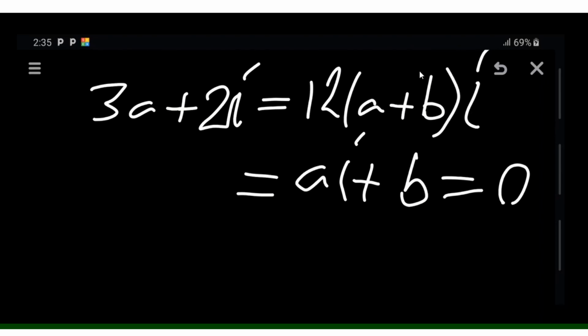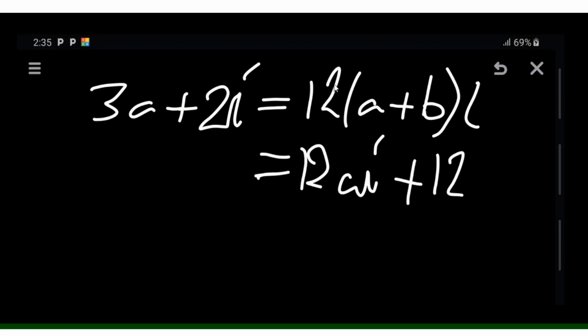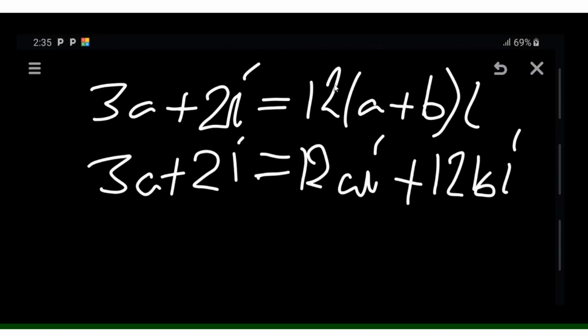Let's just go back a bit and multiply this part. We expand this part. So when you multiply, you get 12ai plus 12bi. As you see, this is the imaginary part, the whole thing. Since this is my imaginary part, my real part is 0.